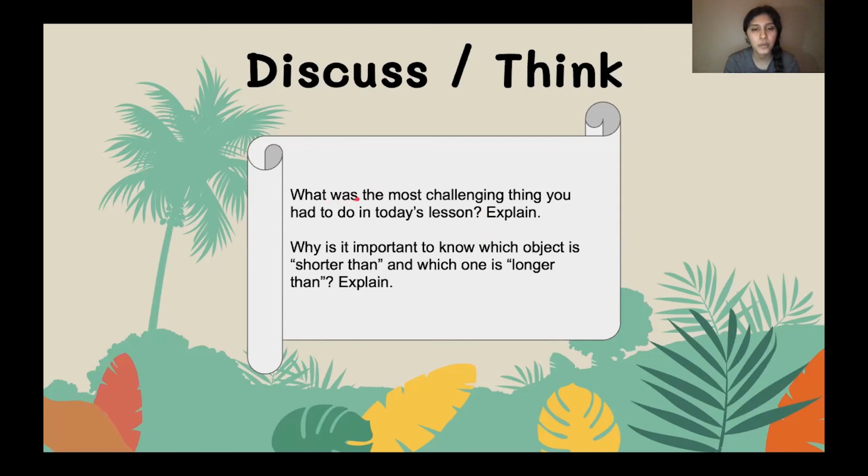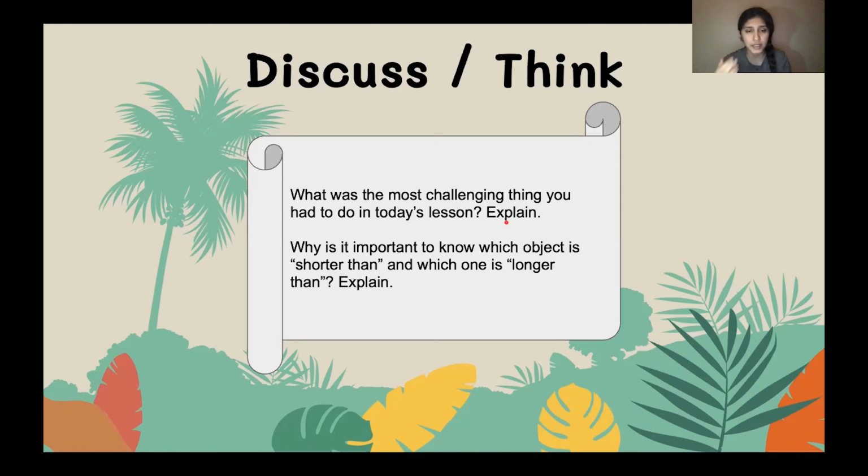It says, what was the most challenging thing you had to do in today's lesson? Explain. So what was most difficult? Was it trying to figure out if you were measuring from top to bottom or from side to side, or maybe it was remembering the vocabulary? Which one was the most challenging and why?